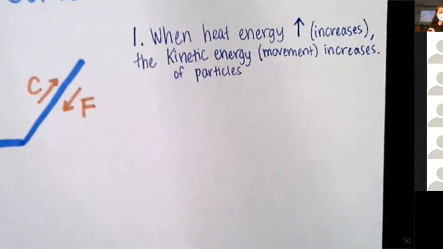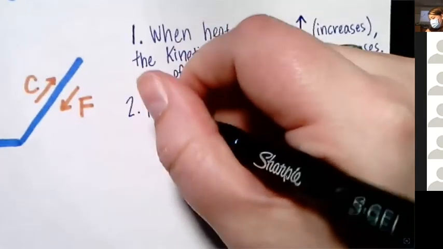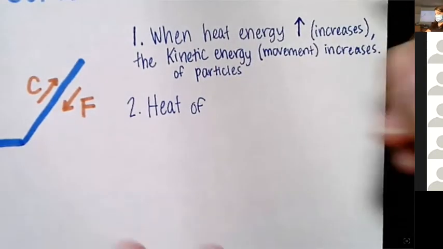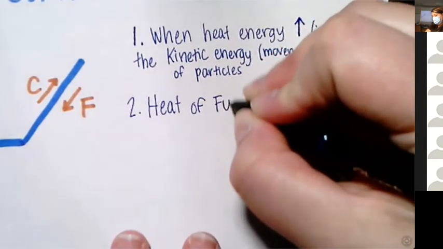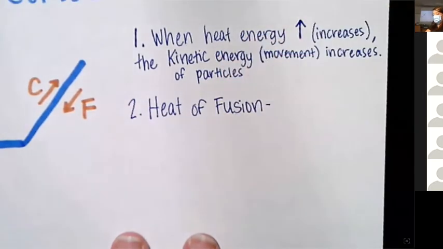Okay. So there are two terms you need to know and just be familiar with. The first one is called heat of fusion. Okay. Heat of fusion. And here's what it is.